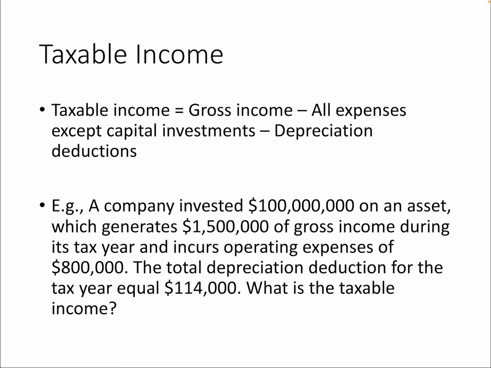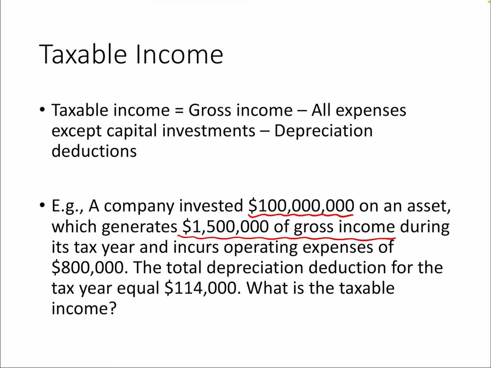And let's look at this example. A company invested 100 million on an asset. Because this is the initial investment, it is capital investment. Which generates 1,500,000 of gross income during its tax year.